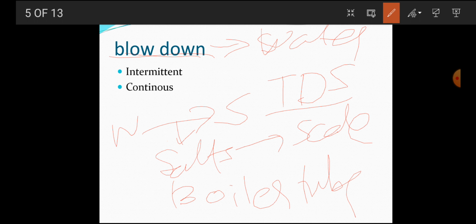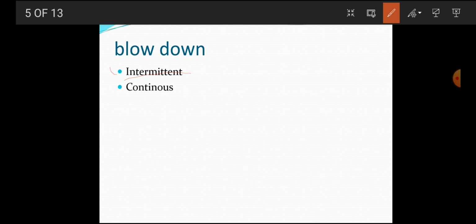So there are two types of blowdown process, that is intermittent and continuous. In intermittent, blowdown is done manually by operating the valve fitted to the discharge pipe at the lowest point of the boiler shell to reduce the parameters TDS, conductivity and pH, etc. within the prescribed limits, so that steam quality is not likely to be affected.